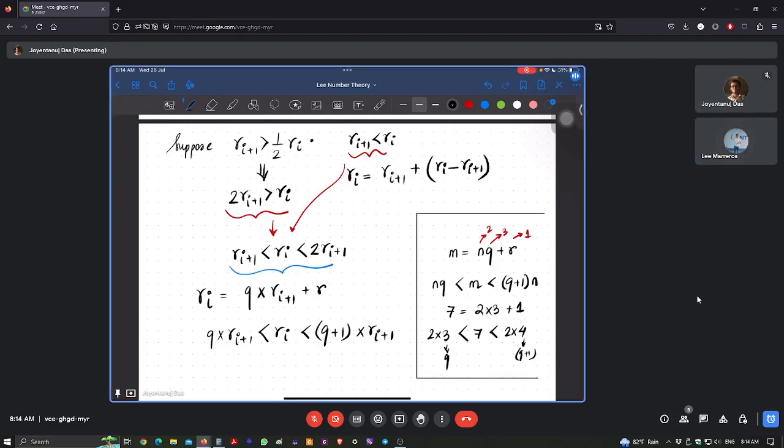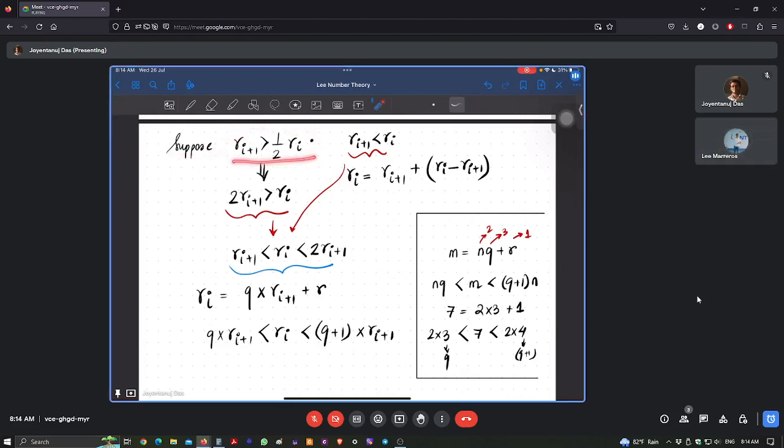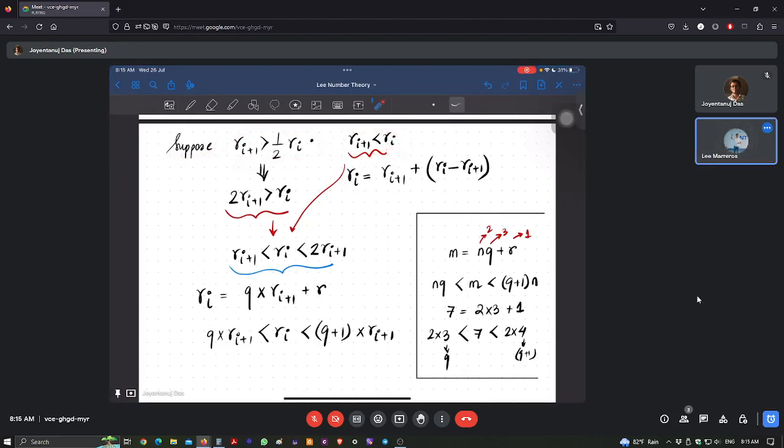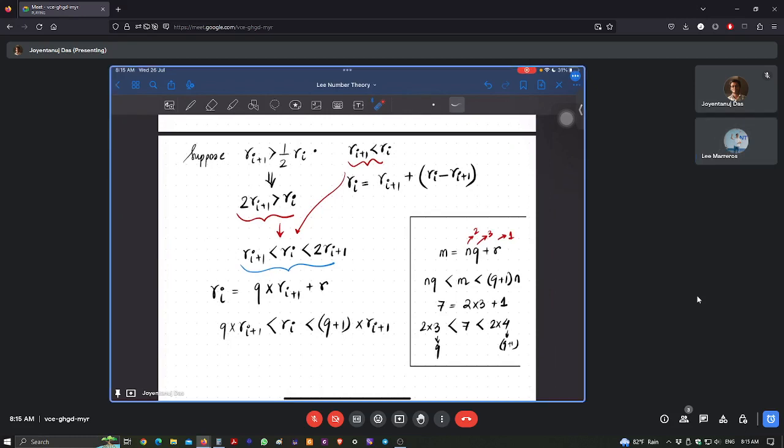No, this inequality we have assumed. We have assumed this case, and also we know that since the Ri's are decreasing, this also I know. These two things I already know. So you are taking that as fact and saying q should be 1. Right, q has to be 1.